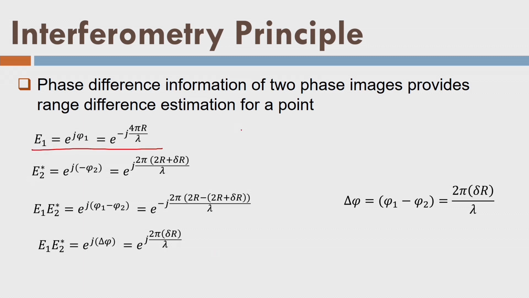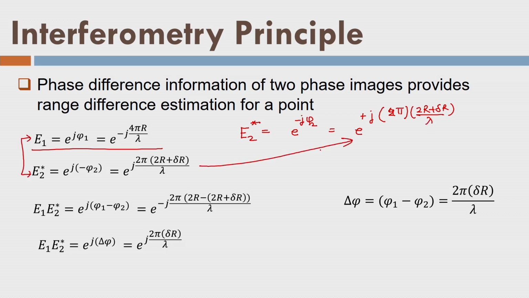Now take the complex conjugate of E2, which is E2 star. It's e to the power j psi 2, and I put a minus sign over there, and it becomes e to the power plus j 2 pi times (2R plus delta R) divided by lambda. I am getting the same expression here.